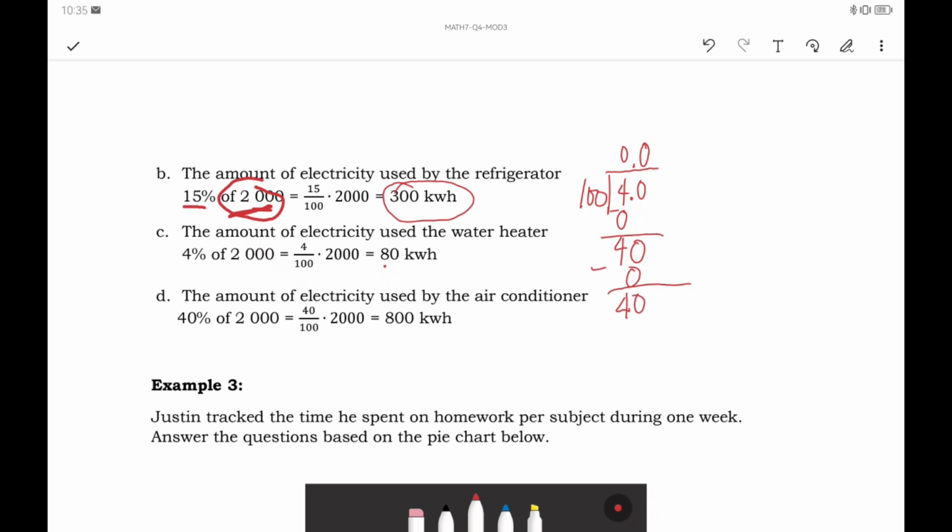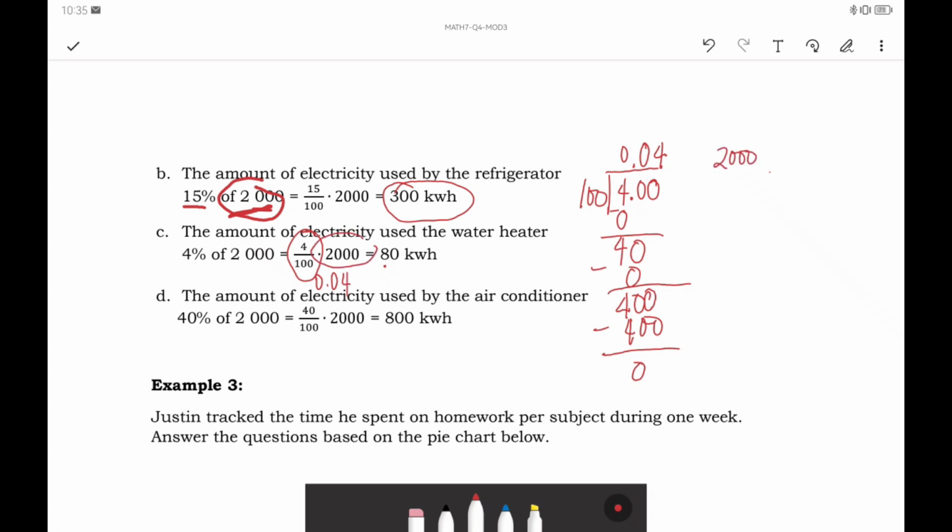So 40 minus 0 is 40, add another 0. 400 divided by 100 is 4. 4 times 100 is 400, so we have 400 minus 400 is 0. So after dividing this, which results to 0.04, we need to multiply it by 2,000.